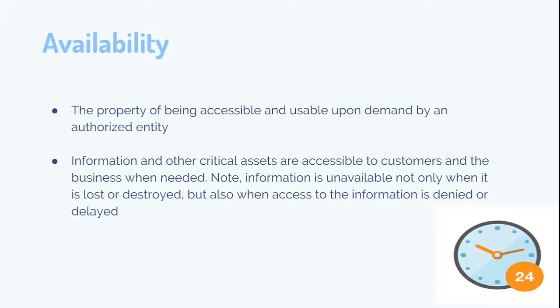For example, if you want to log in to your Facebook account from anywhere, using the correct password and correct account name, you can log in. That is called availability. Anywhere it's available, but only if you give correct authorization, that is, the correct username and password. That is availability.